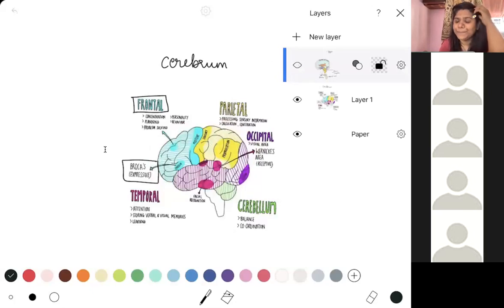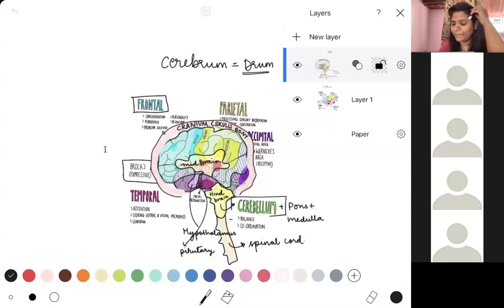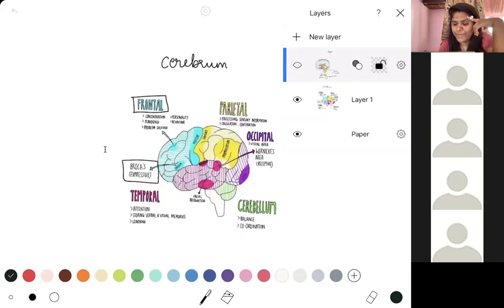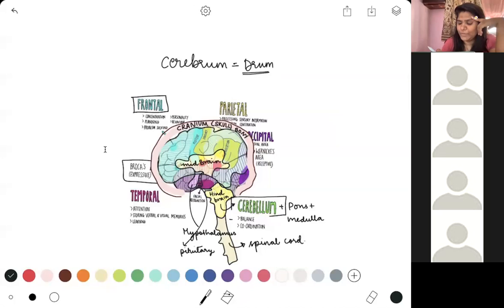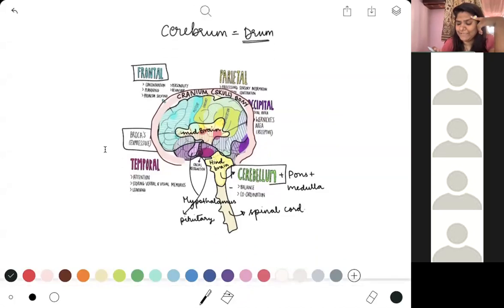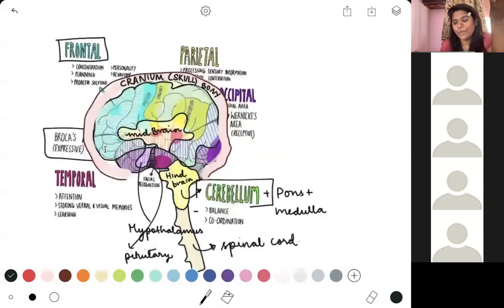Ma'am, can you explain this part as I lost the connection? Which part? The new image, from the midbrain. Okay. So basically what we did is we discussed that your brain is divided into two sections, one which is the upper portion, and one which is here.